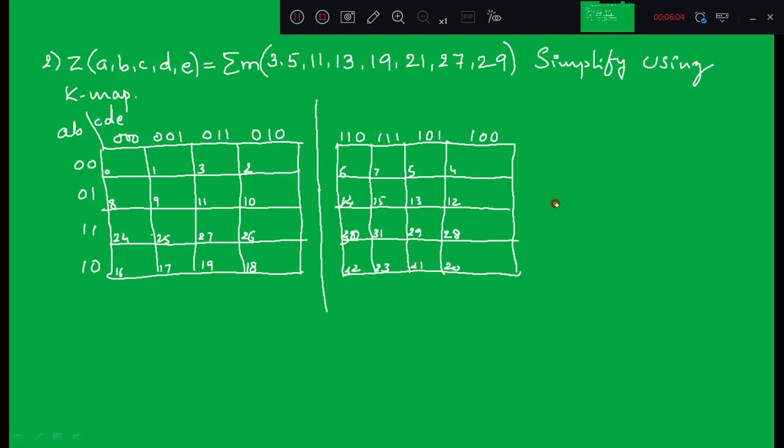Sometimes they will not give the input variables. In that case it is left to you. You can choose your own input variables and solve the problem, right? Sometimes they will just write Z is equal to summation m and this function, and they will not give the input variables. In that case you can take your own input variables and solve the problem, right?